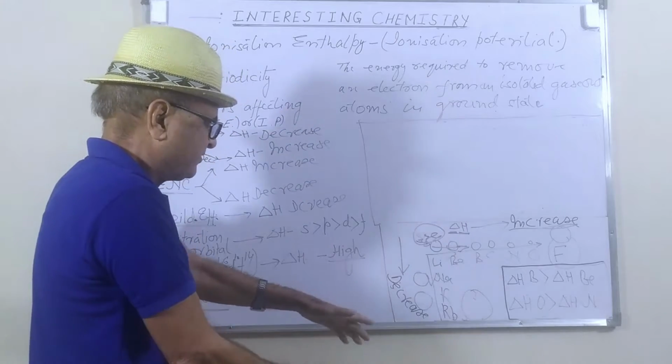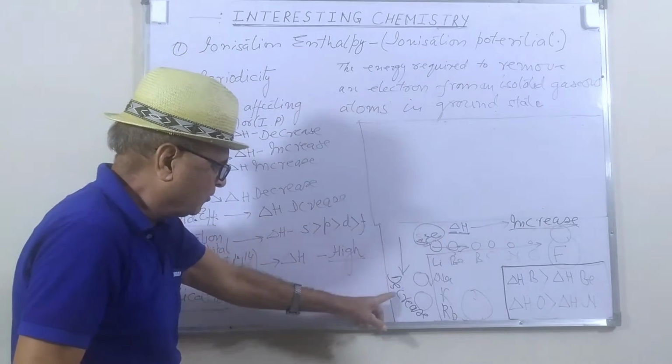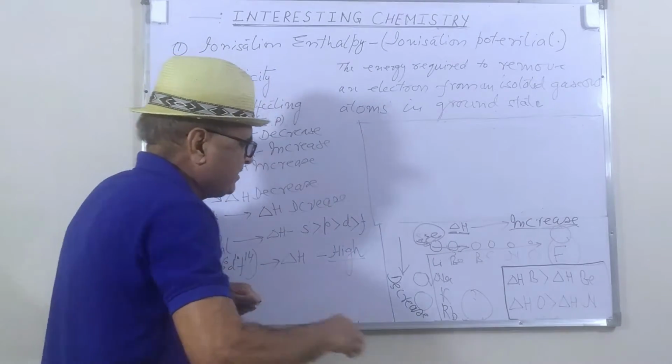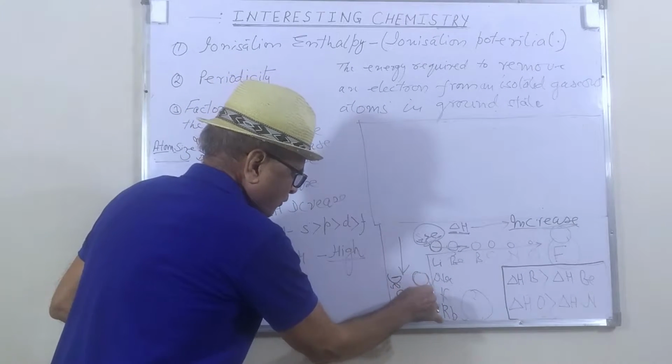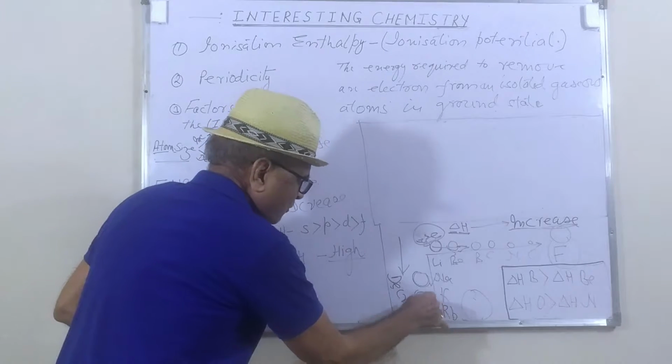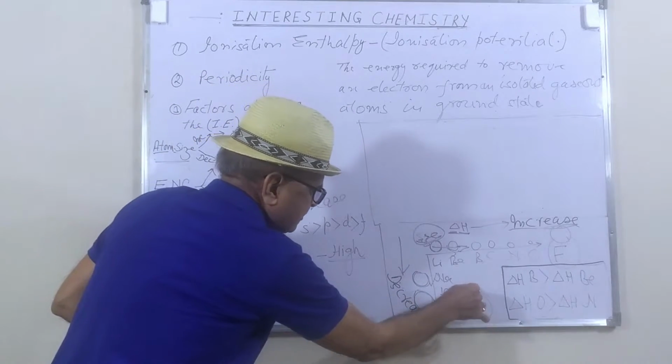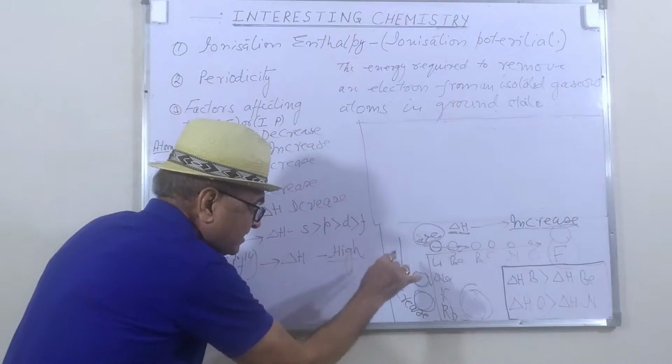On the other hand, in a descending group, this is the size of lithium, this is the size of sodium, this is the size of potassium, and this is the size of rubidium. The size is increasing.